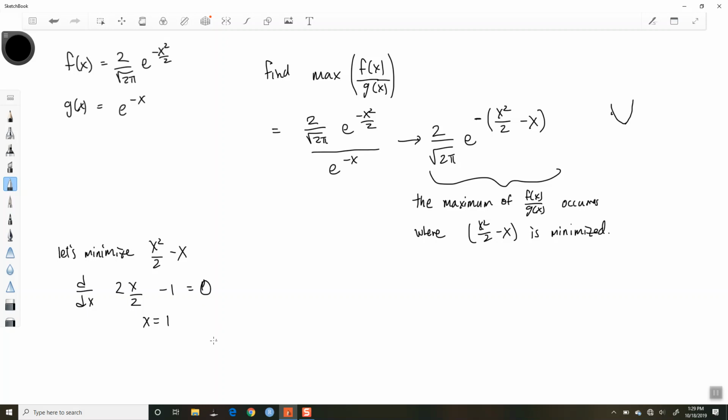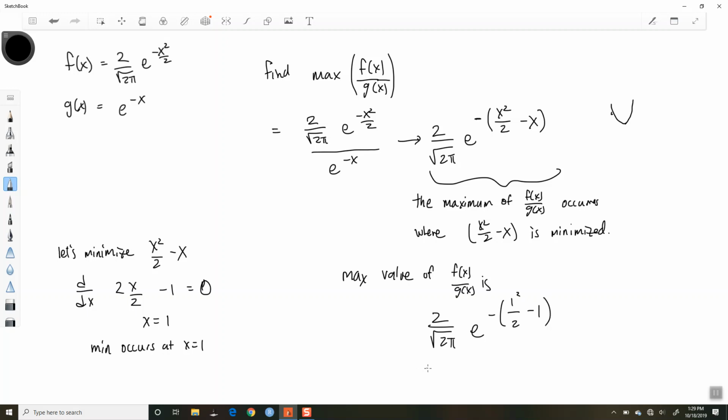So this is the minimum value, min occurs at x equals 1, all right? And so the maximum value of f of x over g of x is going to be 2 over root 2 pi e to the negative 1 squared over 2 minus 1, okay?